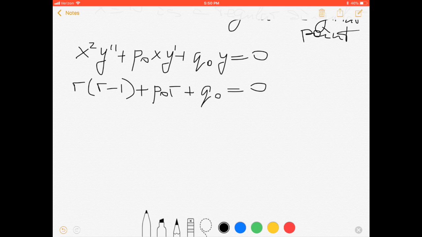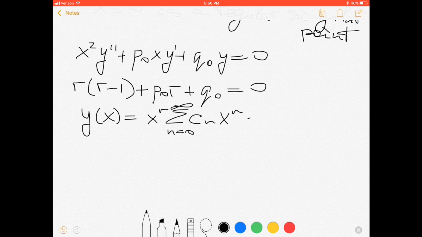This means we have y as a function of x: y equals x to the power r multiplied by the sum of c_n x to the power n, n from 0 to infinity, or if we put it inside, the sum of c_n x to the power (n plus r), n from 0 to infinity, will be a solution of our differential equation.